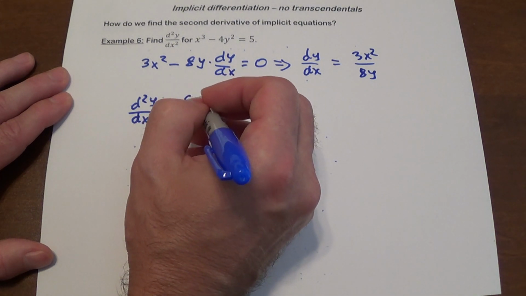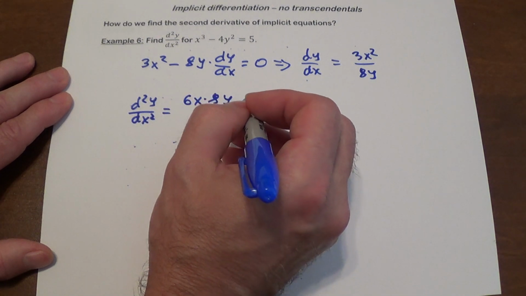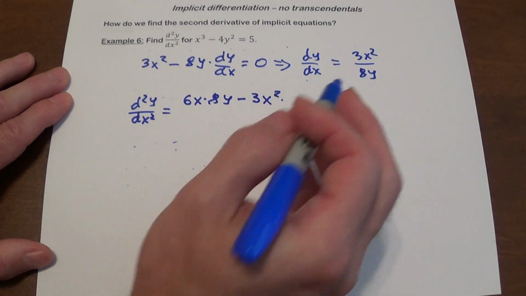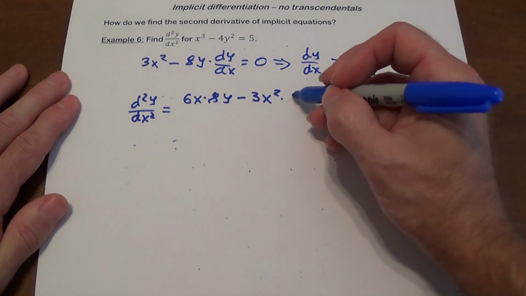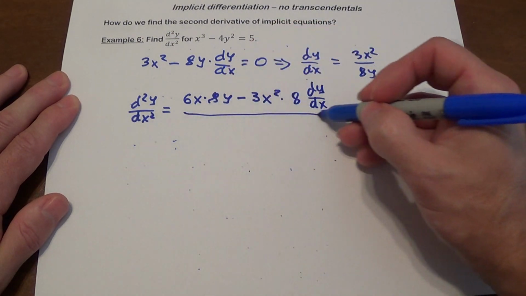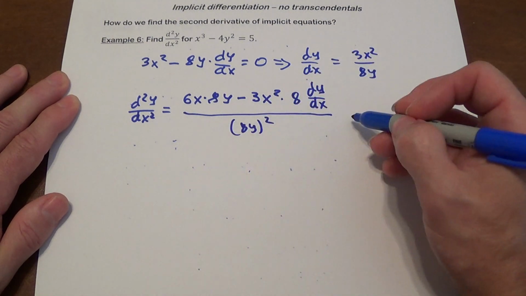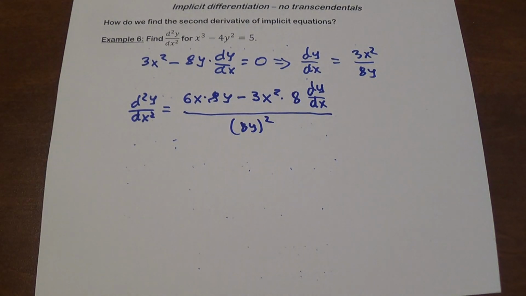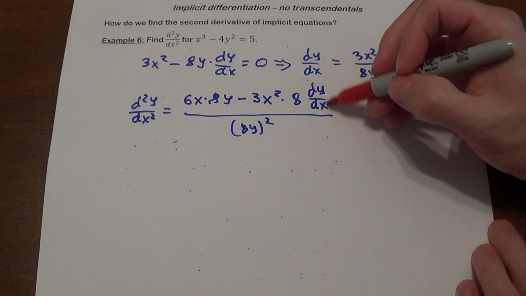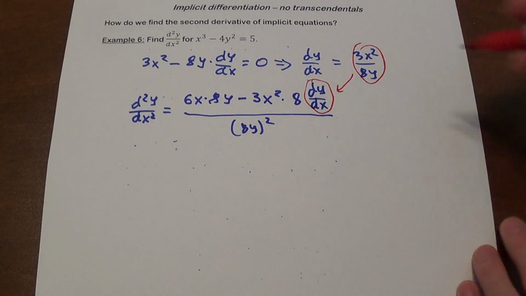It's going to be 6x times 8y minus 3x squared times, you differentiate 8y, this will be 8 times dy over dx. It's going to be all over 8y squared. And now here's the tricky part. Well, it's not really a tricky part, but that's the part that you need to remember. See this dy over dx here? See this expression? You are going to replace it.